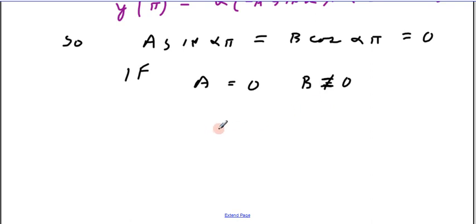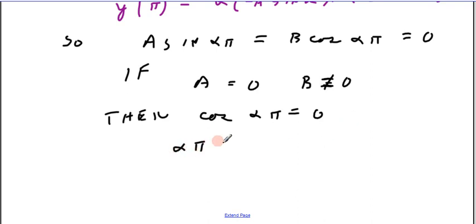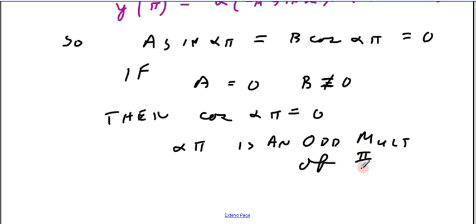And this means that the cosine of alpha pi has to be 0, which means that alpha pi has to be an odd multiple of pi over 2. Because at pi over 2, if alpha is that, then the cosine of 90 degrees is 0.